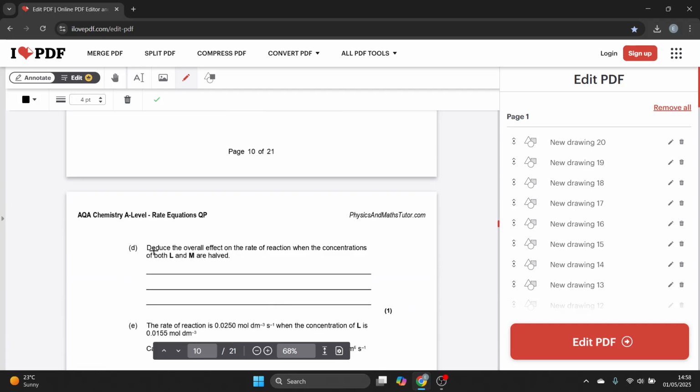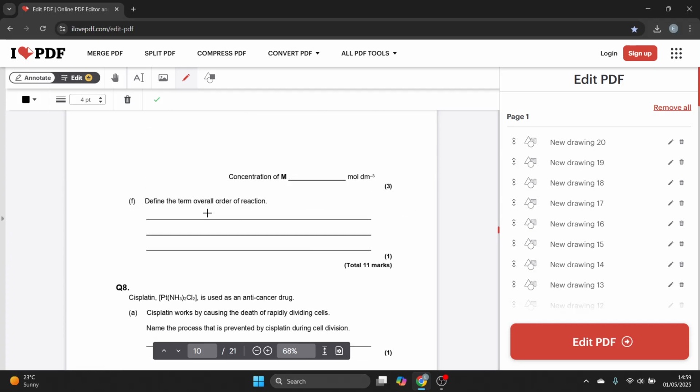You can say this two ways: falls by a factor of 8, or multiplied by 1 over 8. Either is fine.